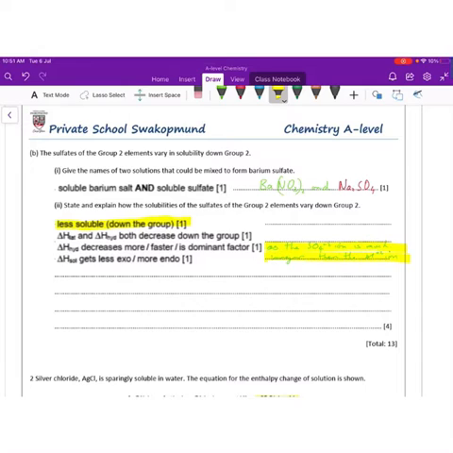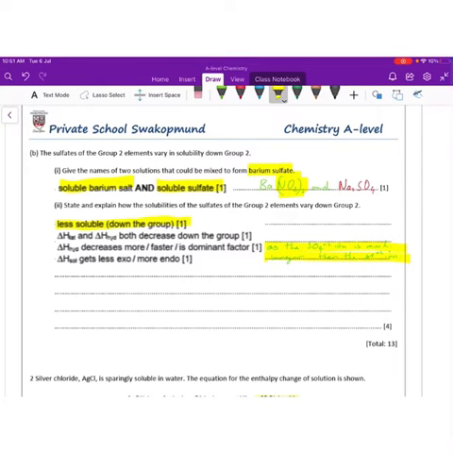The names of 2 solutions that can be mixed to make barium sulfate. So we need a soluble barium and we need a soluble sulfate. Now, please remember this. I mentioned it before. So they say in the memo, soluble barium salt and a soluble sulfate. There are various options, but all nitrates are soluble.